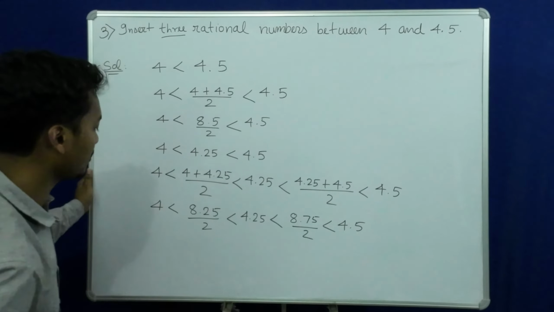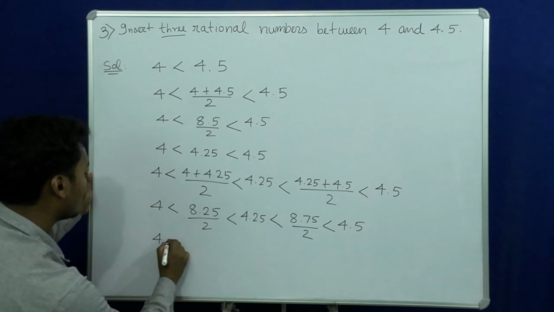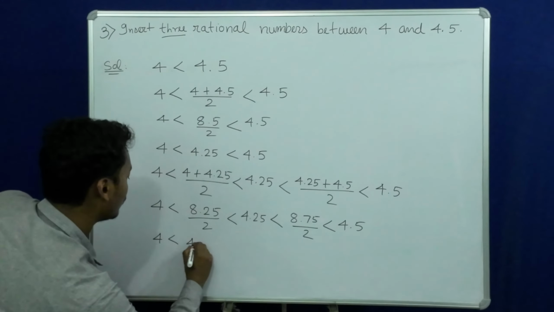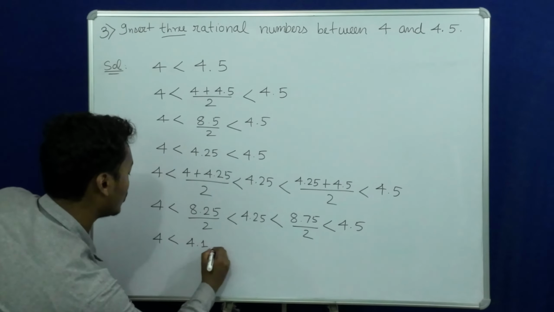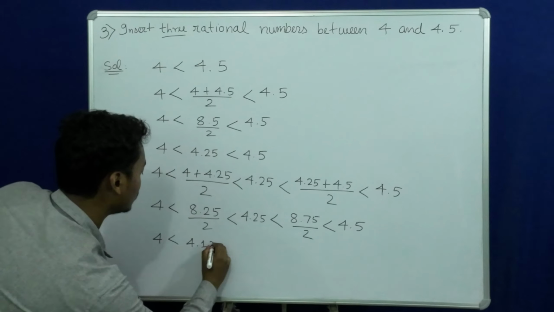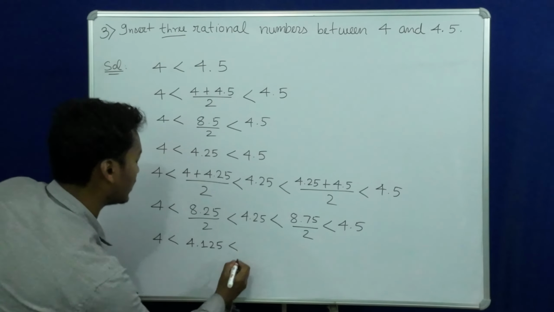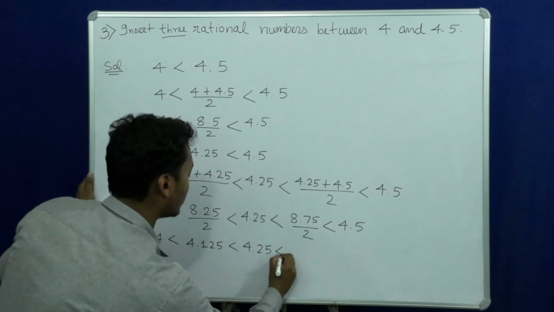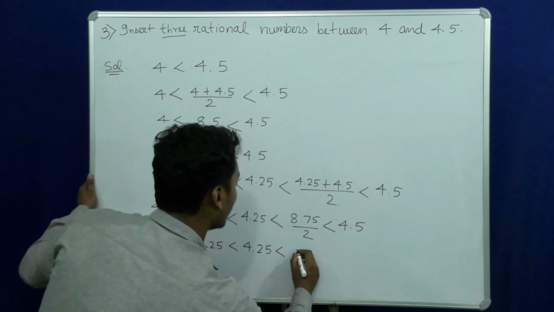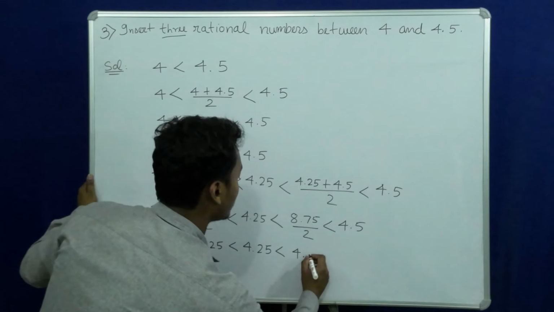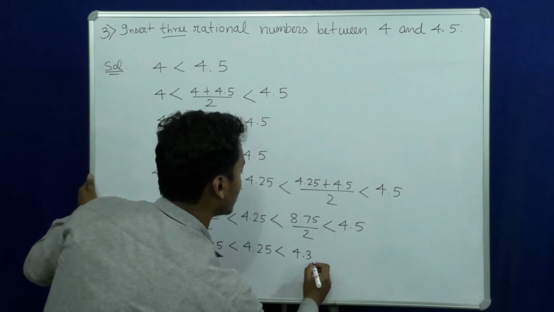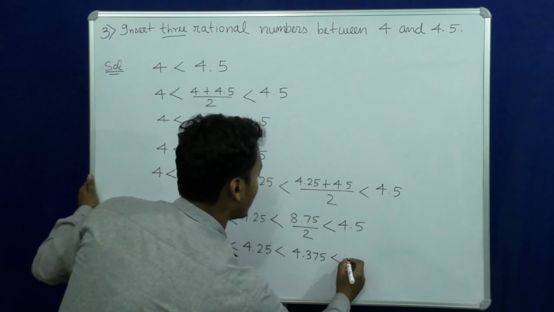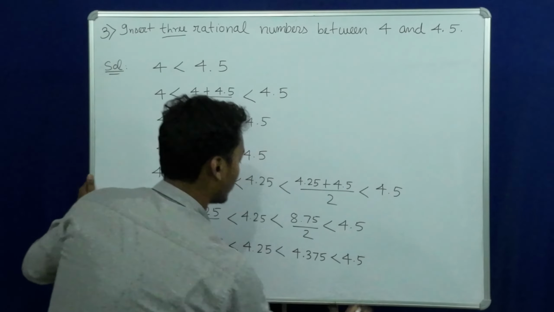Now let's simplify this. 4 less than how much? 2 4s are 8, 8.125 less than 4.25 less than, 2 4s are 8, 2 3s are 6, 2 7s are 14, 2 5s are 10, less than 4.5.